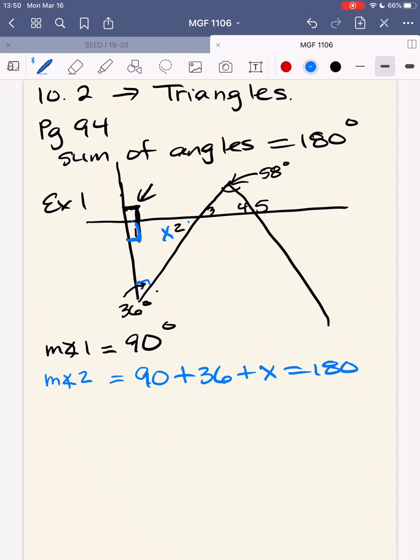When I do that math, I end up with 54 degrees. These are both 90-degree angles, which means this is a parallel line, so if angle 2 is 54, the measure of angle 3 is also 54.